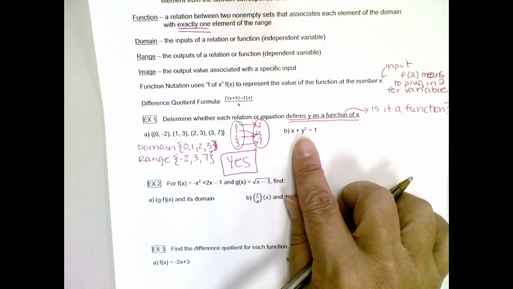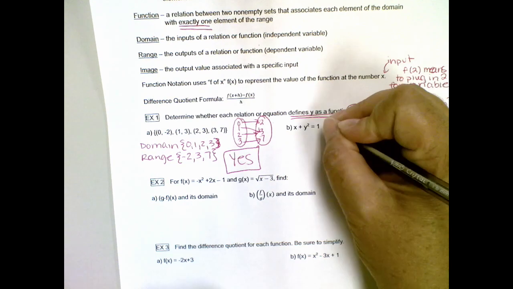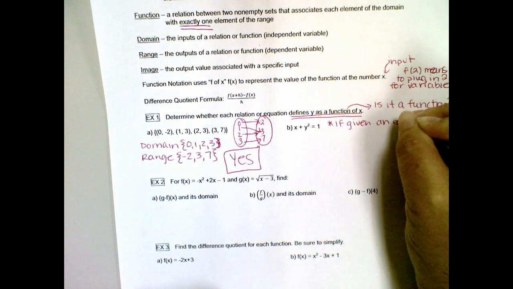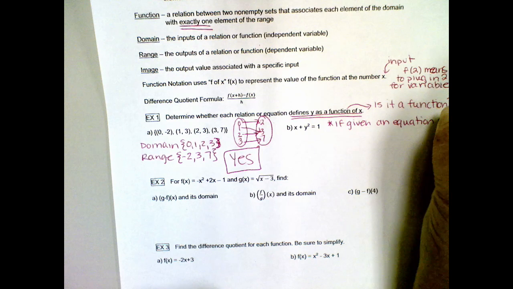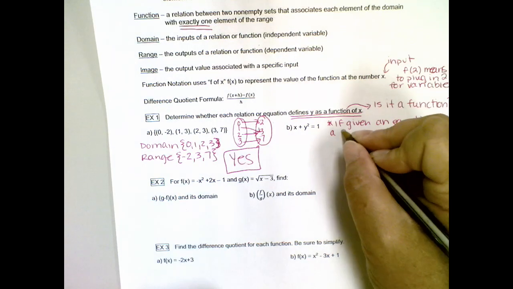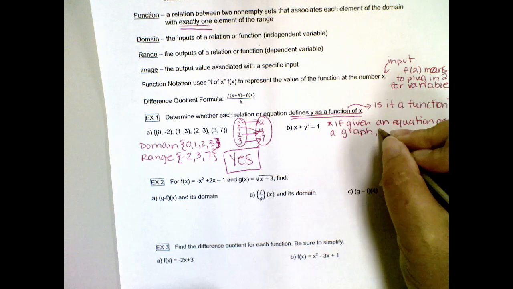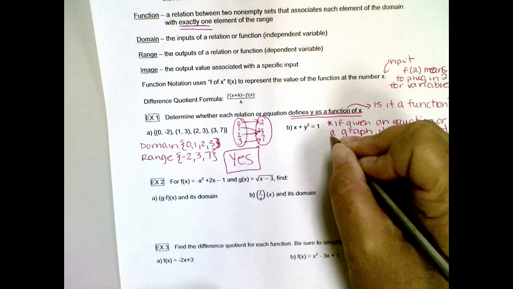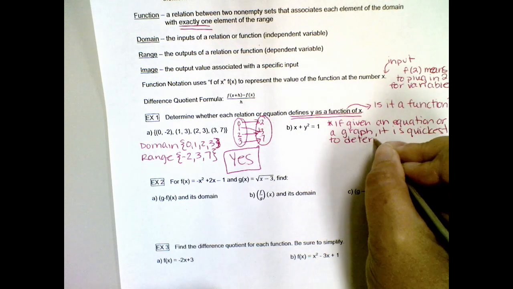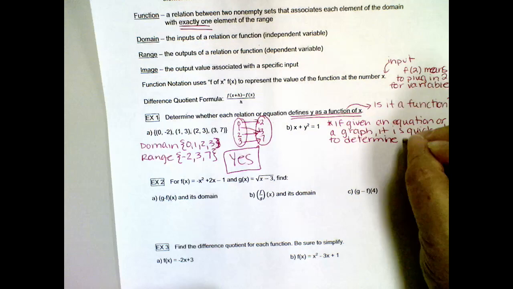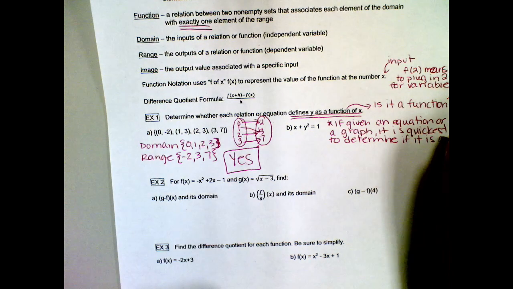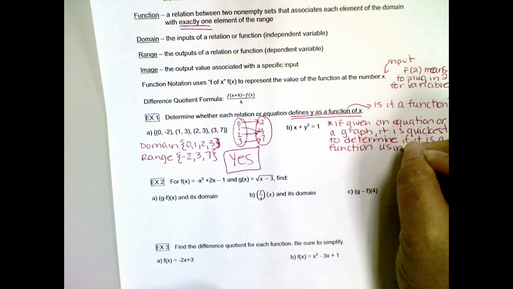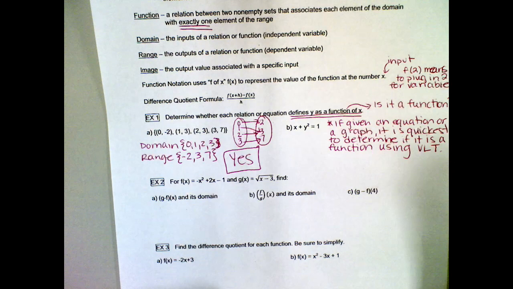Over here, to determine if you are given an equation like this or a graph, it is quickest to determine if it is a function using what I will always abbreviate as VLT.